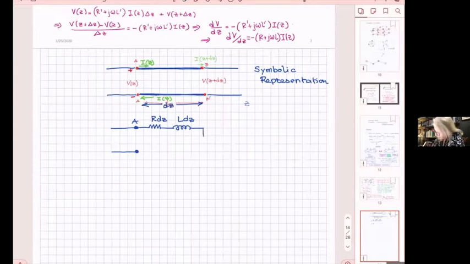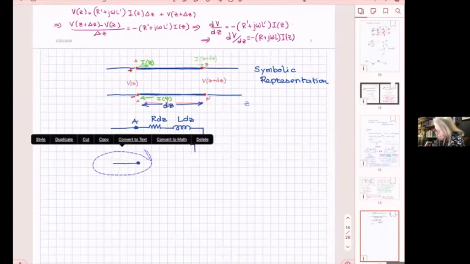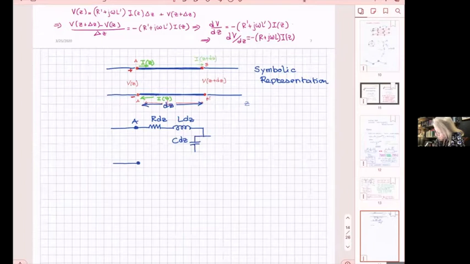And then here we have a capacitor, C dz, which represents the electric fields in this line and the storage of electric energy. And then we have a conductance, G per unit length.